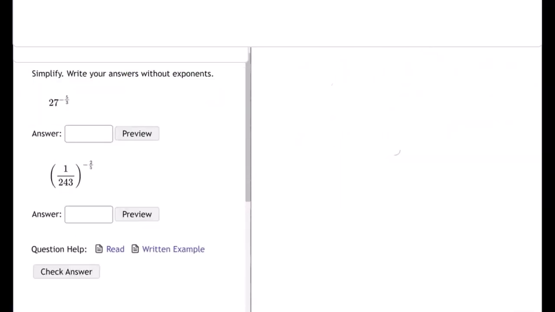I have 27 to the -5/3. If you remember, when you have a negative exponent, it doesn't make anything negative. It just flips the position. Since 27 is in the numerator, it goes into the denominator, and this becomes positive. 5 divided by 3 is equal to 1 2/3.